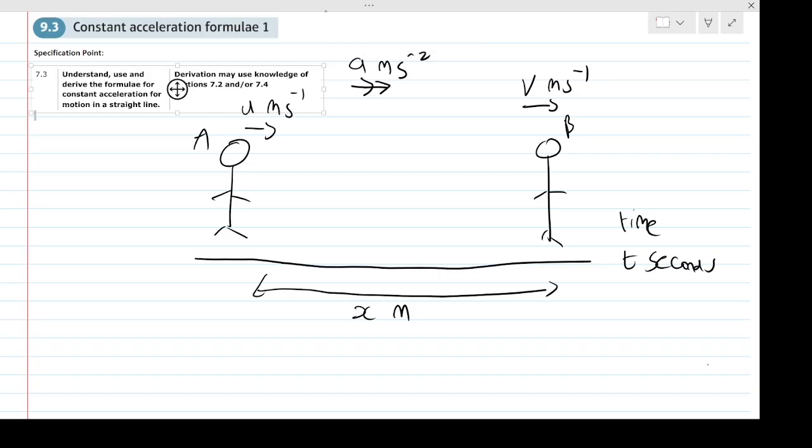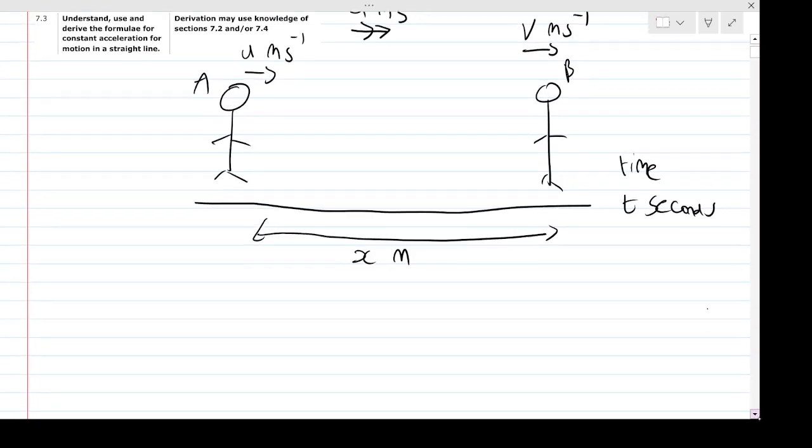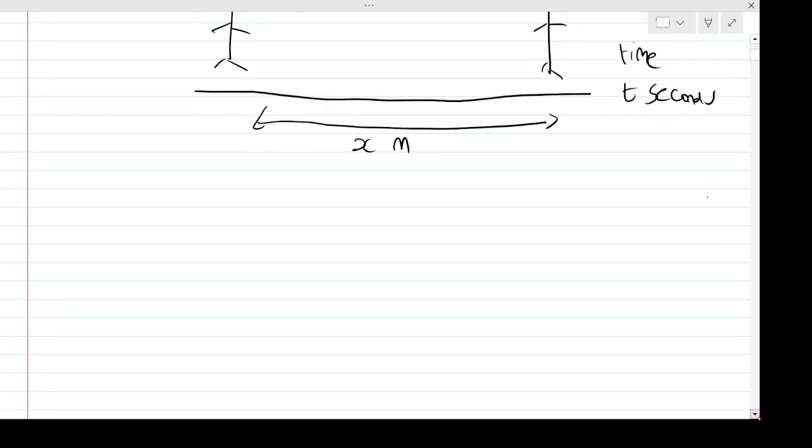We're going to be working with this. So from one point to another, we're going to be looking at the displacement, the velocities, and the acceleration and the time, okay?